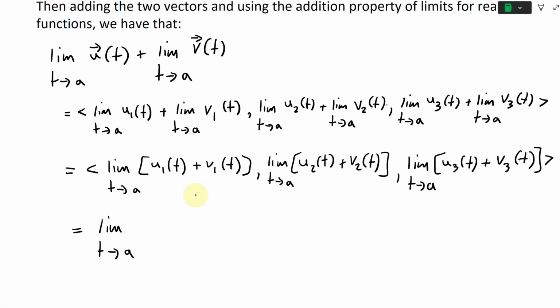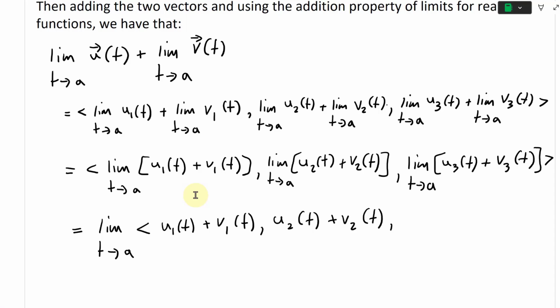And this is going to be of the vector u1 plus v1 of t. Oh, I keep getting that mixed up. Then u2 of t plus v2 of t, and then like this, u3 of t plus v3 of t, like that.